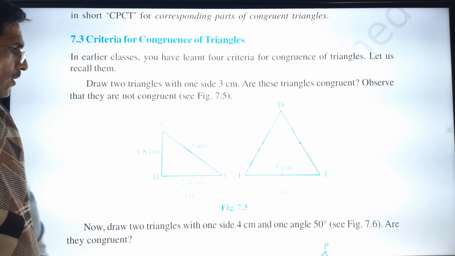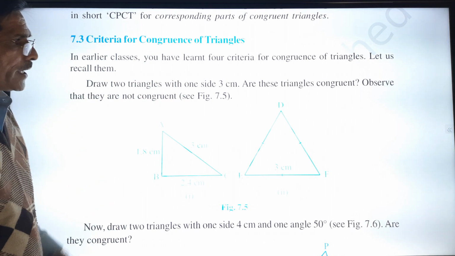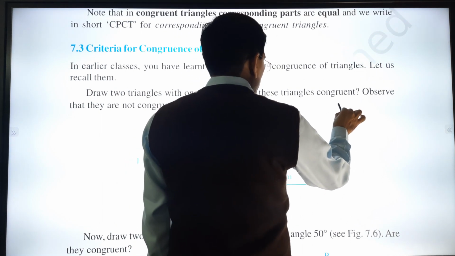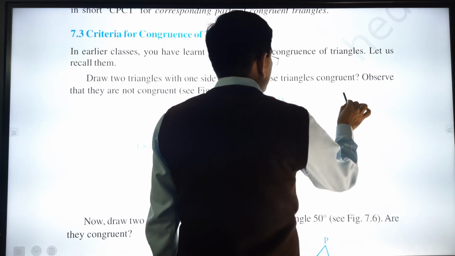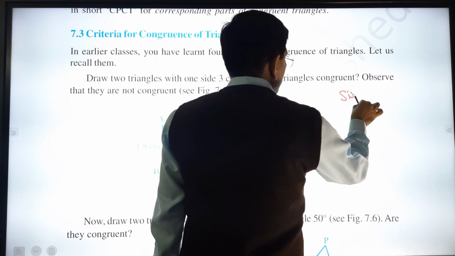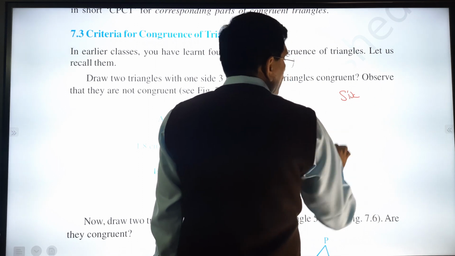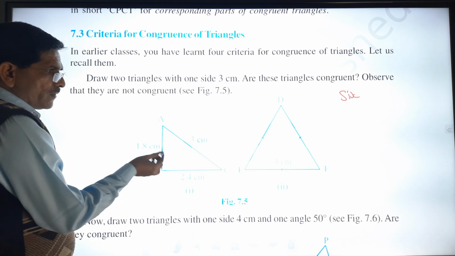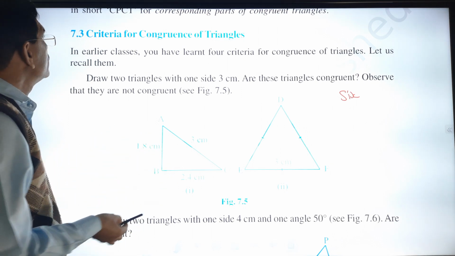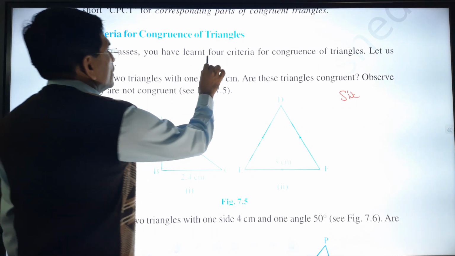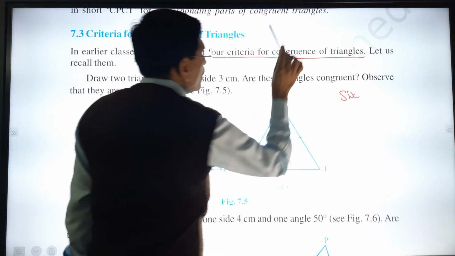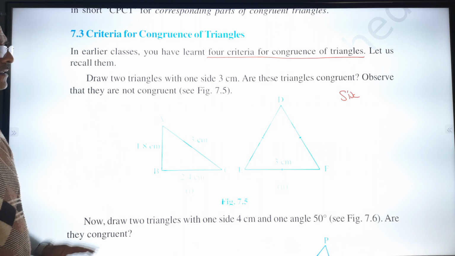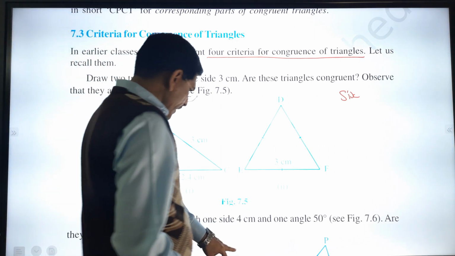Now criteria for congruence. Every time it is not necessary that we have to prove all 6. It means if you will see properly, if I want to make 4 criteria for congruence of triangle in earlier classes, or we can see that every time again I write and explain.